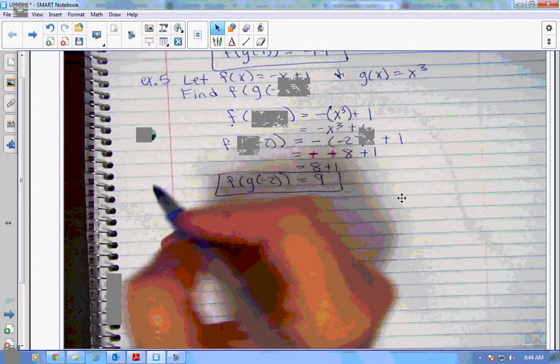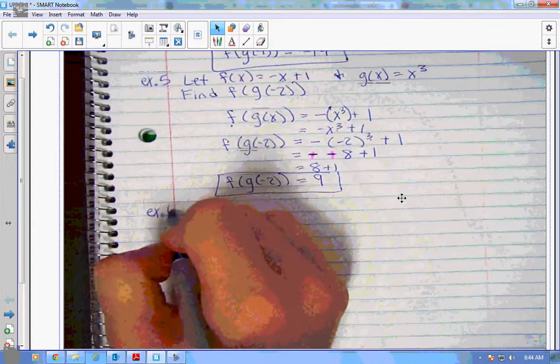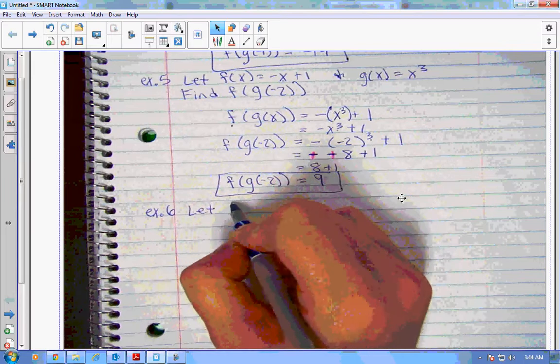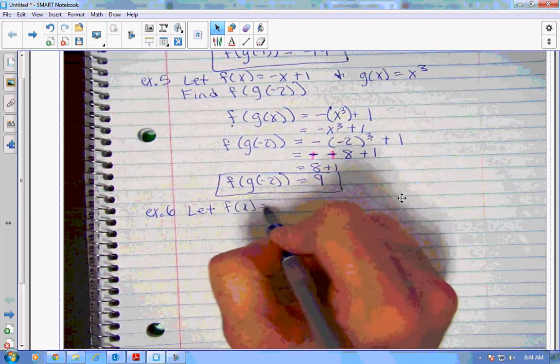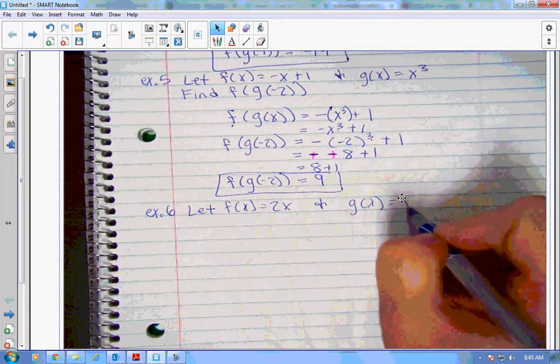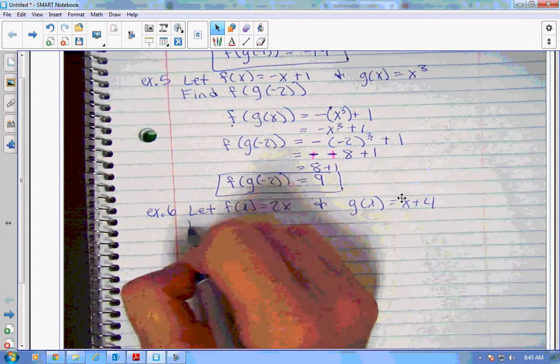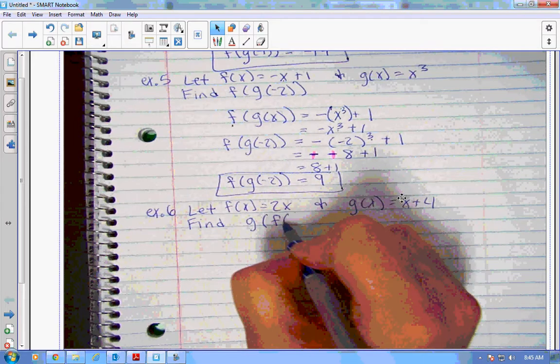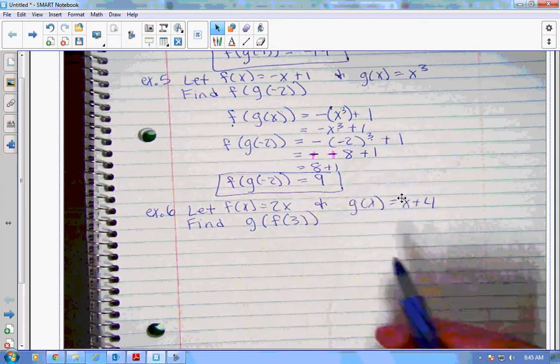Okay, one more composition of functions. Example 6. Let f of x equal 2x and g of x equal x plus 4. Find g of f of 3. Careful.